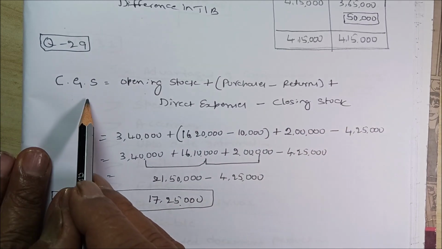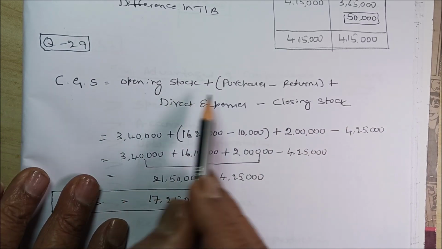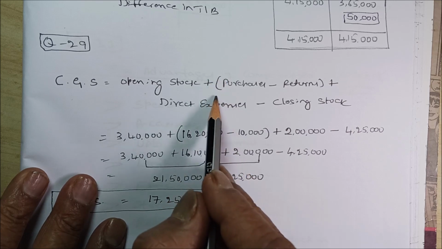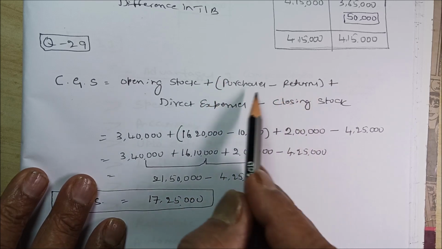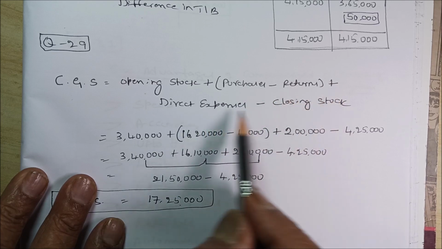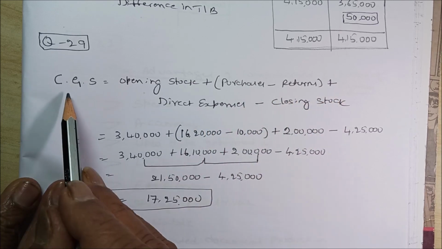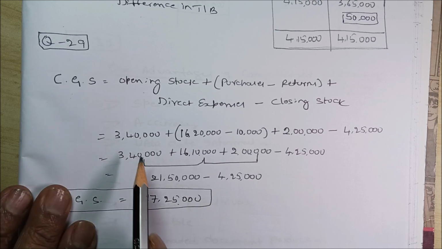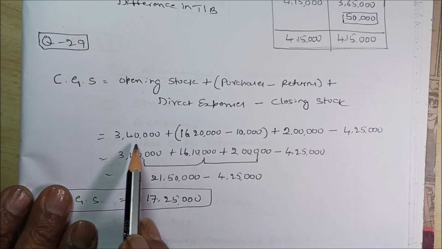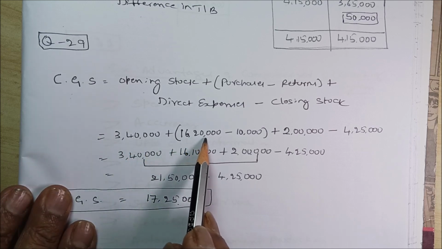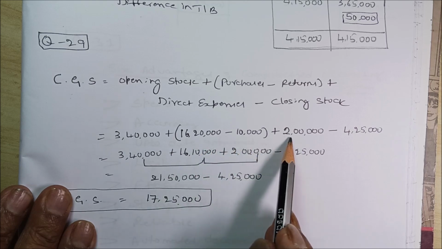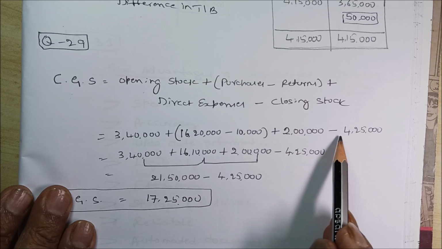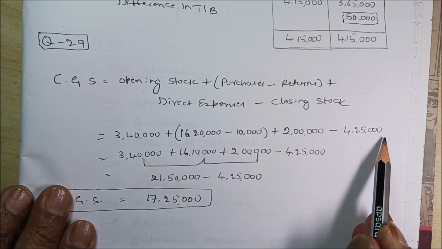CGS, cost of goods sold, is equal to opening stock plus, I have opened the bracket, purchases minus returns. If you have returns, you take out that return, plus direct expenses minus closing stock, is equal to cost of goods sold. So opening stock 3,40,000 plus 16,20,000 purchases minus 10,000 returns plus 2 lakh direct expenses minus 4,25,000 closing stock.